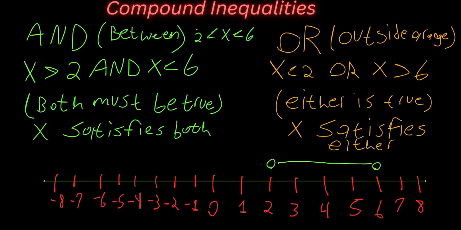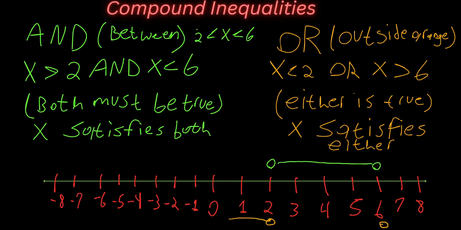X can be less than 2, so we're going to have a point at 2, or X can be greater than 6, so a point at 6. Now, what is this statement really saying? X can be less than 2 or greater than 6. Think about that.